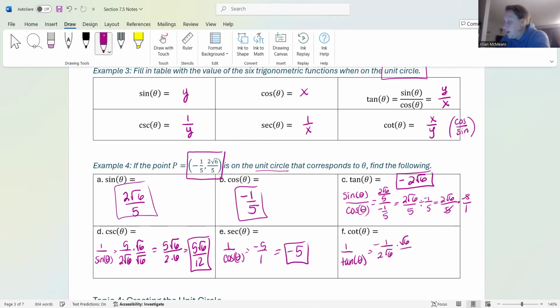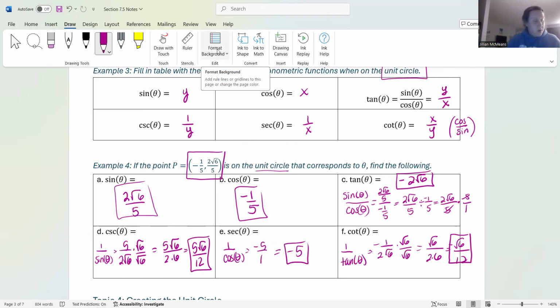We rationalize. Then we get negative square root of 6 over 2 times 6, or negative square root of 6 over 12. And just don't forget your negative like I almost did. So there you have it. Those are the 6 trigonometric functions if we know we have the point (-1/5, 2 square root 6 over 5) on the unit circle.